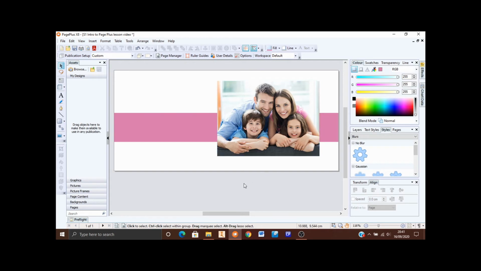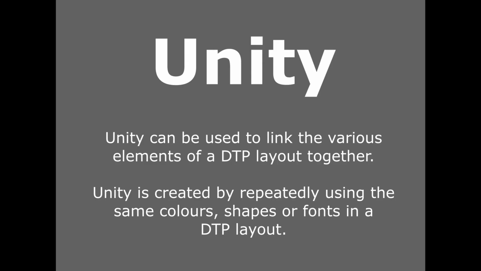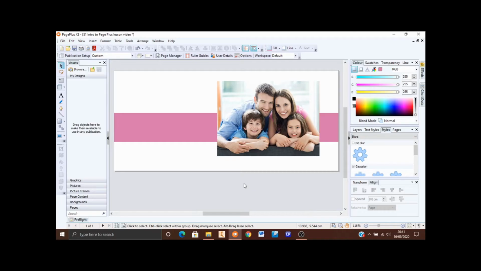By using matching colours through a layout, we call that unity. And unity is used to link the various elements of a desktop publishing presentation. Using depth and unity are really, really easy, really straightforward methods of creating a layout, but also very, very effective methods of bringing important parts of the layout forward and linking the various parts of a layout.